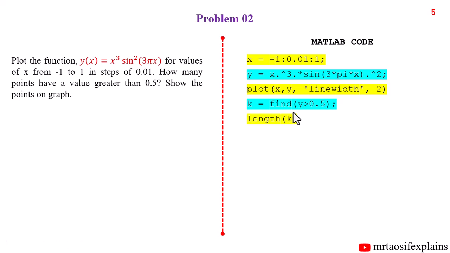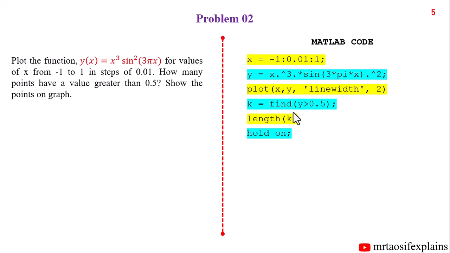Then we will take the length of k, by this you'll actually know how many values are greater than 0.5. We are using hold on because we want two plots. First plotting is the output versus input.